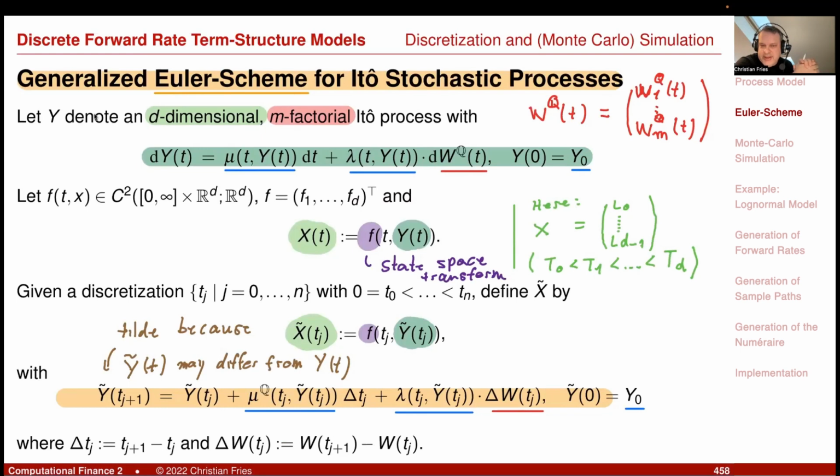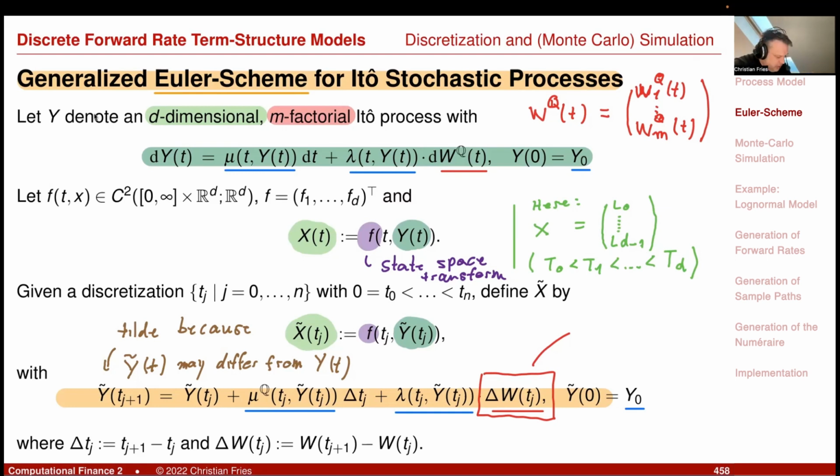Our next ingredient is that when we have discretized the model, we have to sample this random variable here, because this is somehow generating the whole stochastic process. So you see the initial value here is maybe just given. Yeah? It is the transformed initial value of x, and our initial value of x, if x is the vector of forward rates, is just maybe picked off a forward rate curve, which we have calculated.